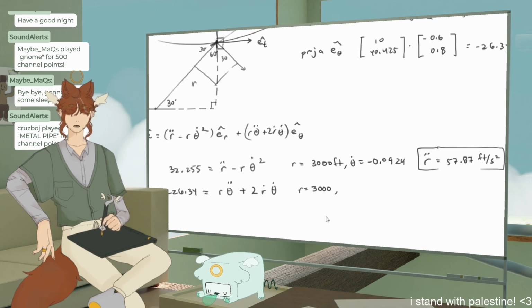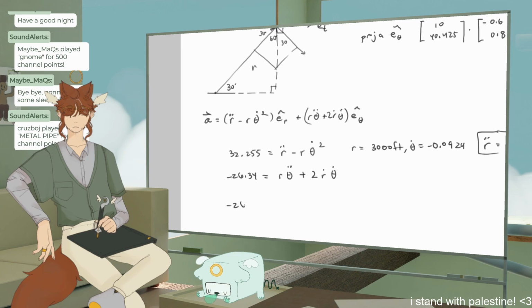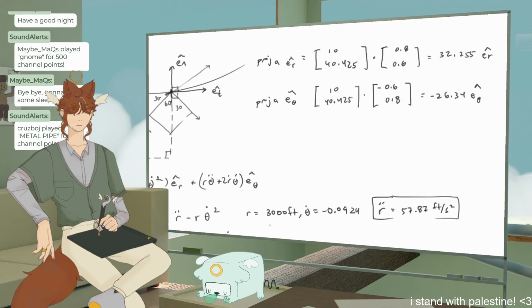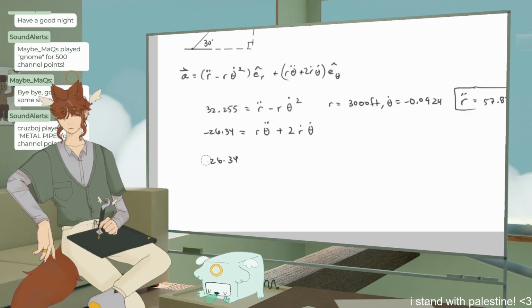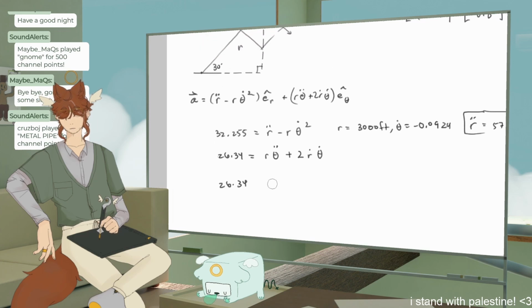Oh wait, so we need theta dot in this case. So let's solve for theta dot real quick. I have to redo this one real quick before I do that actually. So negative 6 plus 40.425 times 0.8. 26.34, okay. Important distinction here. There we go.